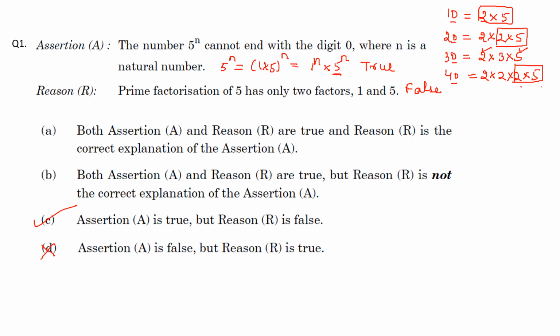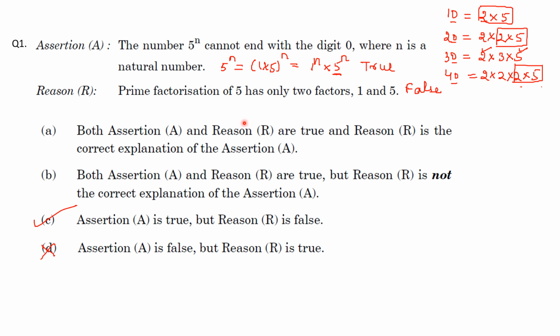So whenever you have to solve an assertion reason type of question, first you check whether the statement given for both is true or not. Okay. And then you have to look for the options. If you can see both assertion and reason are true, then you have to eliminate options C and D. Then your correct option will be either A or B. Correct?